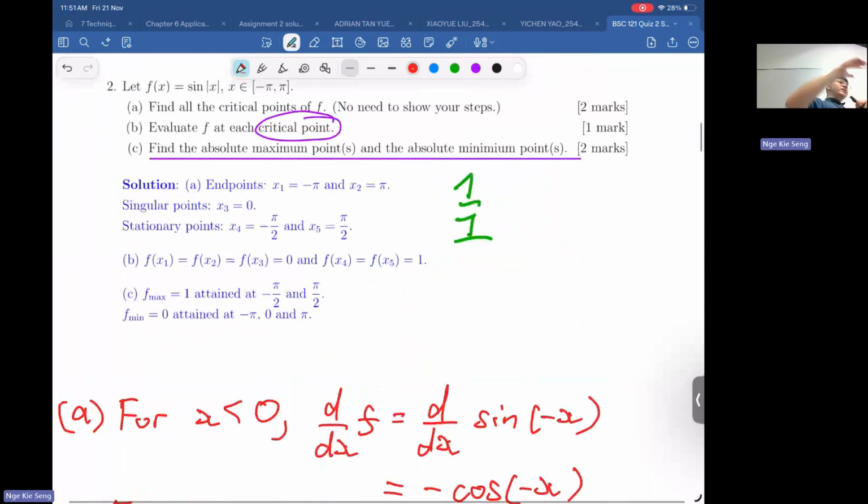So it could be the case that at the boundary point or at the endpoint, it has the largest or the smallest value. So we need to include those.